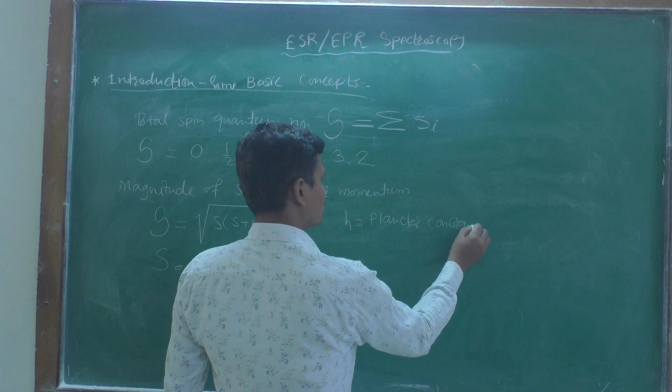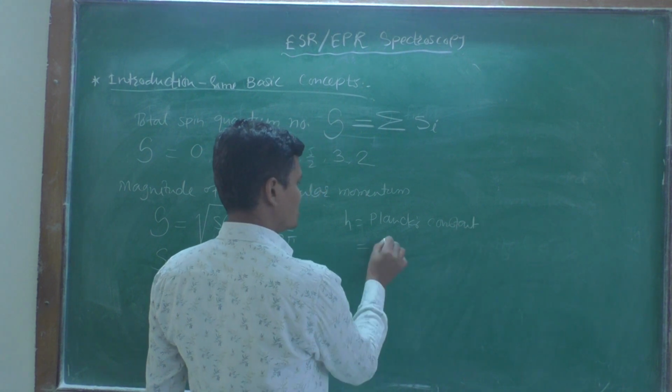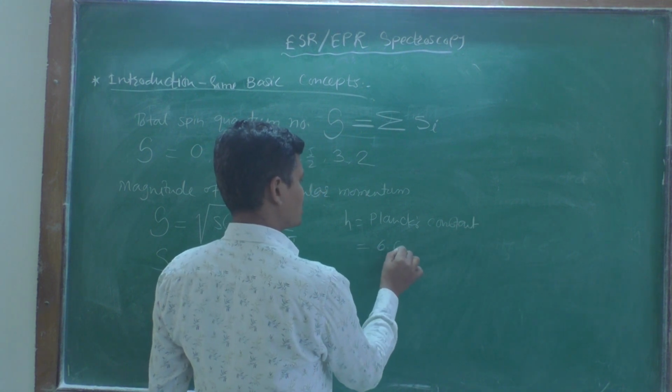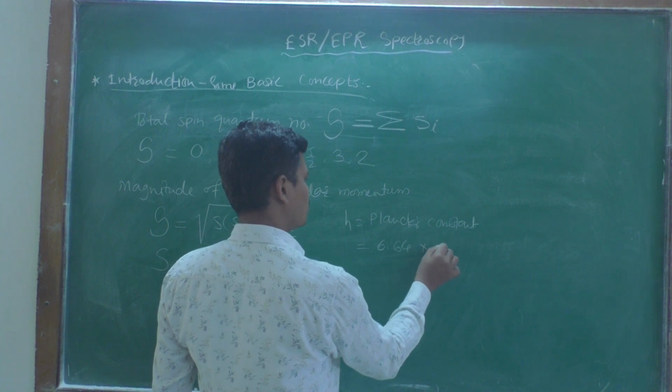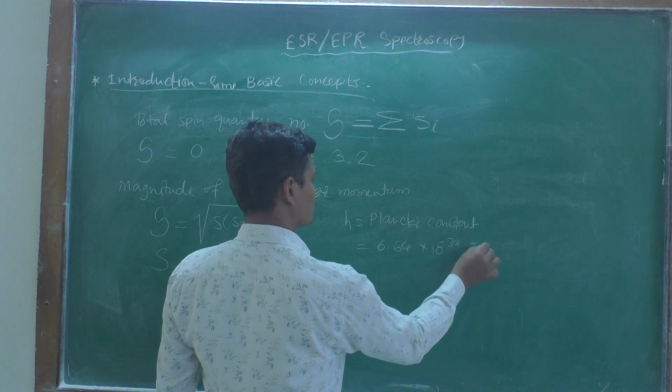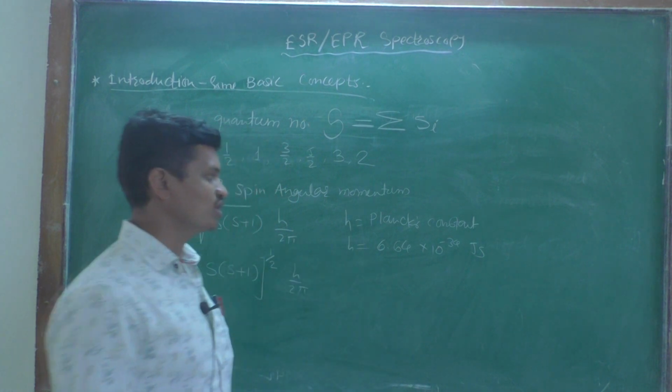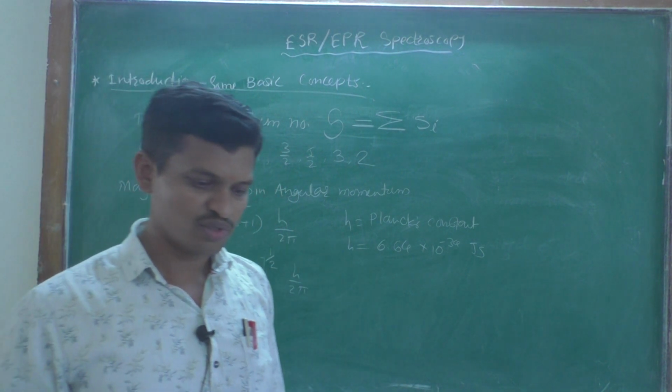The value of h is 6.64 into 10 raised to minus 34 joule second.